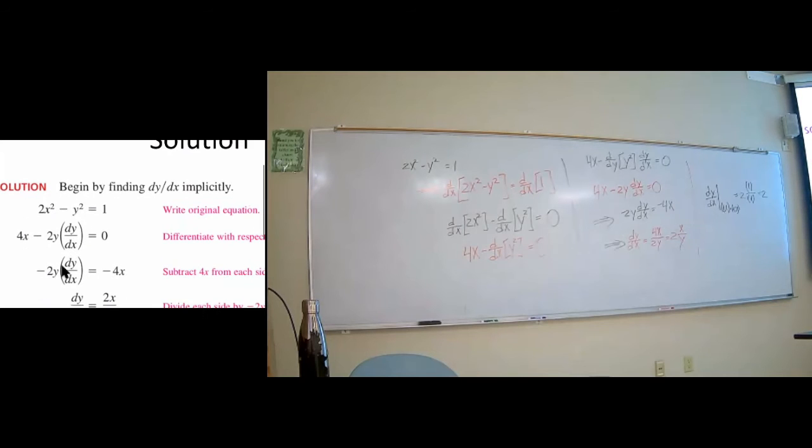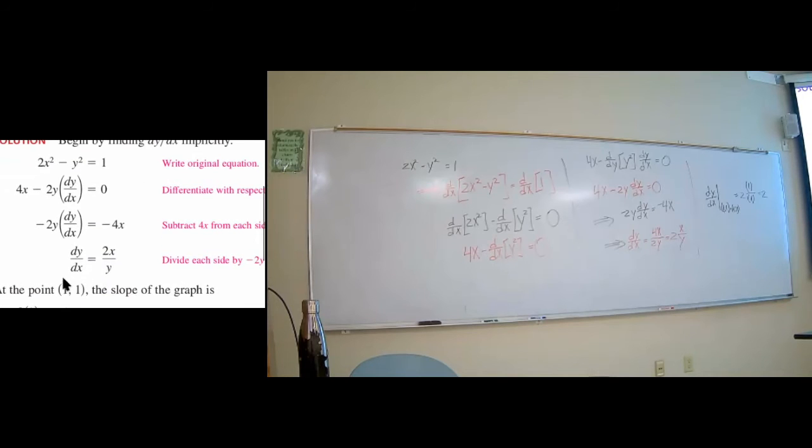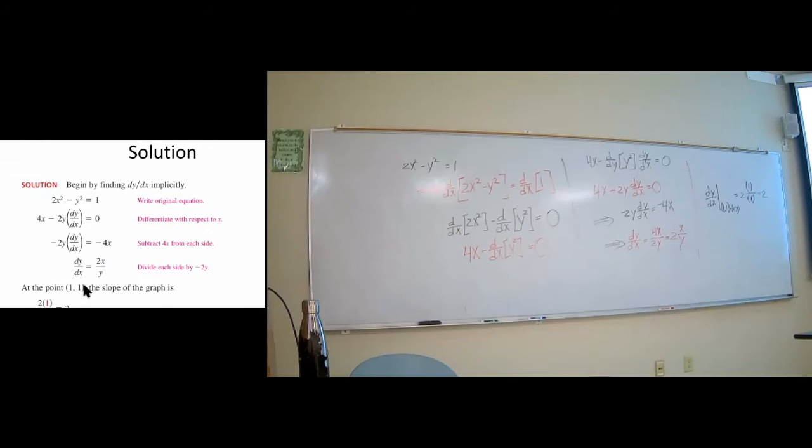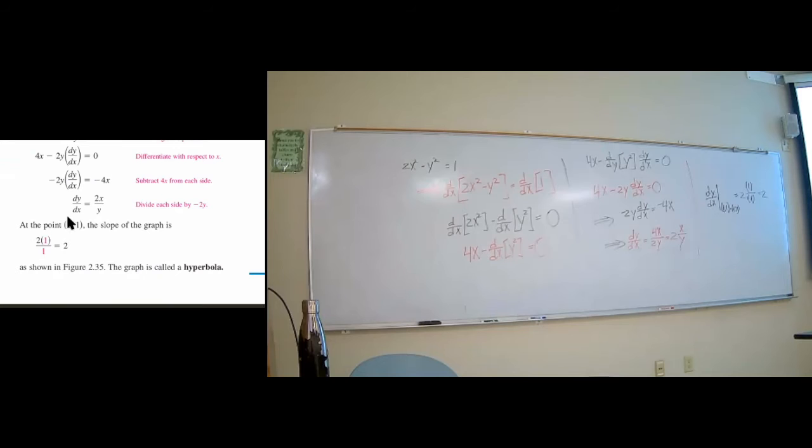So then we're going to say, cool, subtract 4x from both sides, divide out that negative 2y. Now we want to find the slope at the point 1, 1, or the slope of the tangent line at the point 1, 1. Plug in 1, 1, bada bing, bada boom. You get a tangent line with a slope of 2.